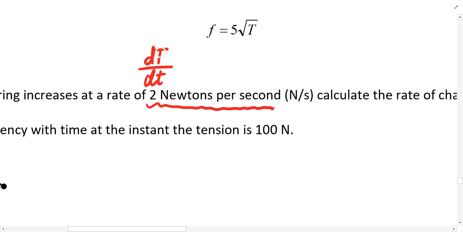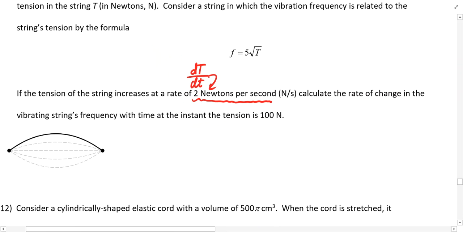It's a capital T for tension and lowercase t for time. So this value of 2 is equal to our dT/dt. We would like to know at what rate the frequency is changing when the tension itself, T, is equal to 100 newtons.